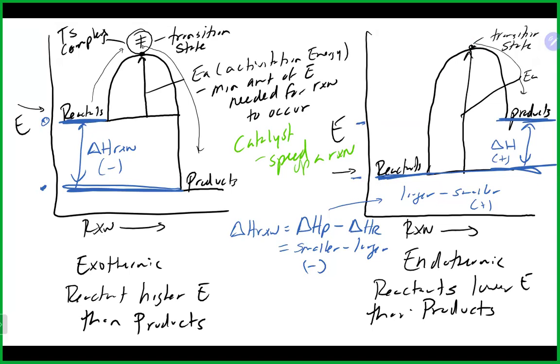What it does, as we talked about, is basically find a more efficient alternative pathway for that reaction to take place. The ultimate result in terms of our energy diagram is that by finding that more efficient pathway, it's able to lower this activation energy. So this would be a catalyst involved.